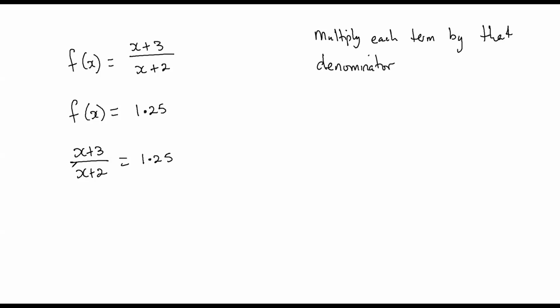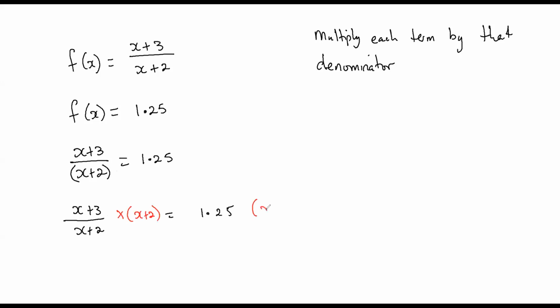The denominator here is x plus 2, so we're going to multiply all of them by x plus 2.